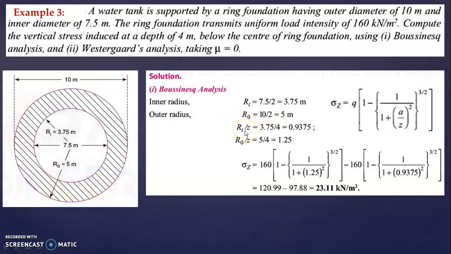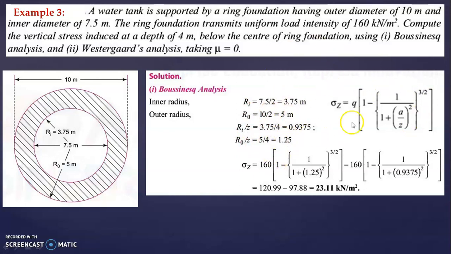Now ratio Ri divided by Z. Ri is inner radius 3.75 divided by Z. Z is at a depth of 4 meter. So we get 0.9375. Then R naught divided by Z. What is R naught? Outer radius, that is 5 divided by 4, we get 1.25.